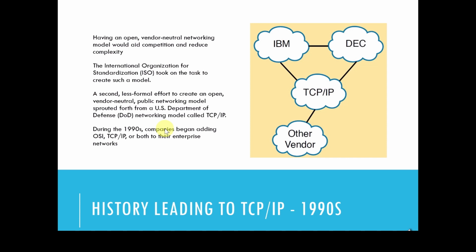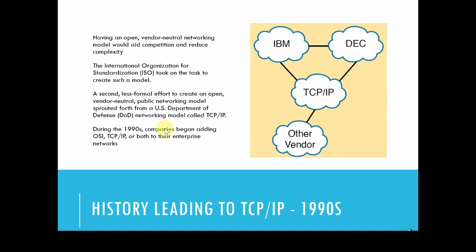When I say complexity, if two different vendors have two different types of networking models, they can work within their own networks. But if you need to communicate between two different vendors, it always becomes a complex task for a network engineer to create that communication. So having an open common standard is the best way to solve this complexity.